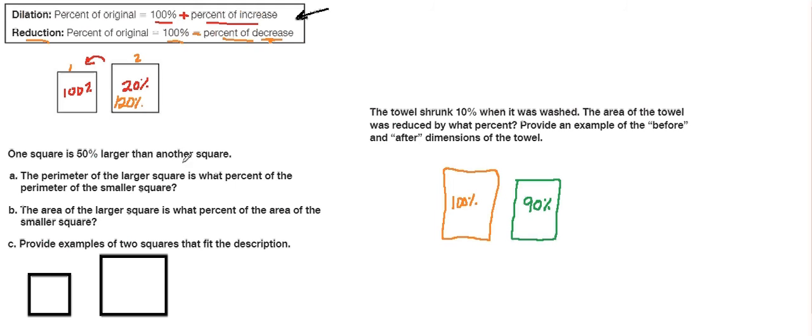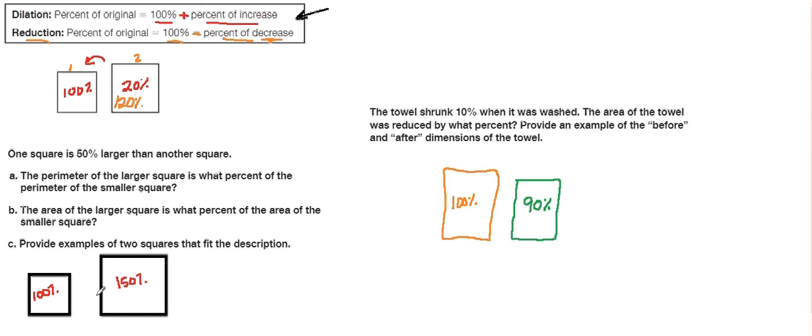Okay, the perimeter of the larger square is what percent of the perimeter of the smaller square? Well, let's write down our percentages. Remember, this is 100. And this square is 100 plus the percent of increase, 150% of that square.